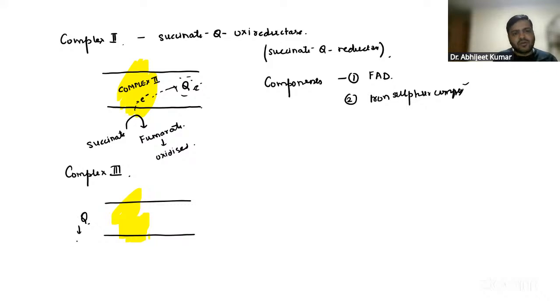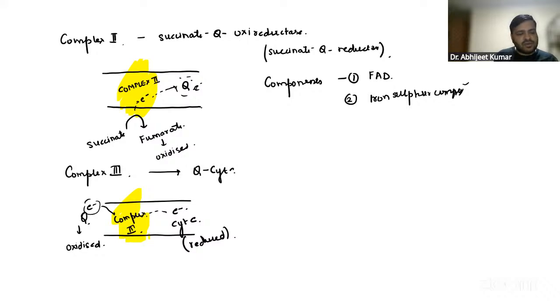This Q will be oxidized, and this electron will go into this complex 3. Cytochrome C will now be reduced, because it is carrying that electron. So this complex 3 is also known as Q cytochrome C reductase.